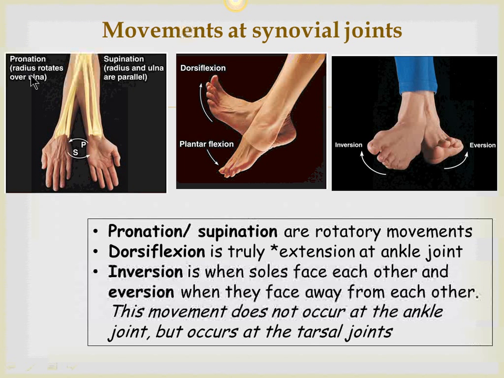From this comes the word prone. When somebody tells you to lie prone, you're lying on your stomach. The second one is supination, which is the opposite, where the radius and the ulna lie parallel to each other. The radius rotates back and comes to lie parallel to the ulna. The palm is facing forwards or upwards.